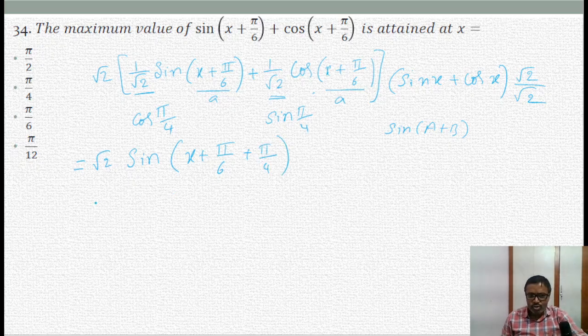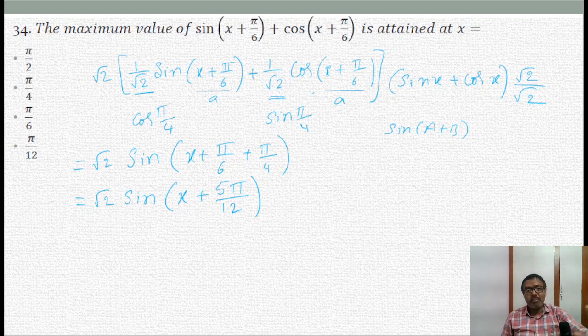Now add these two, pi by 6 and pi by 4. Pi by 6 is 30 degree, pi by 4 is 45 degree. 30 plus 45, 75. 75 can be written as 5 pi by 12. Otherwise you take LCM and solve, you will get it. 5 pi by 12. Now what is the maximum value of sine function?